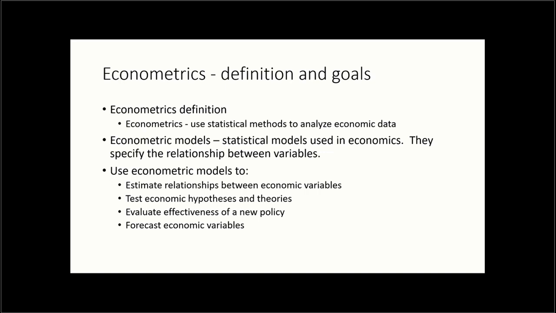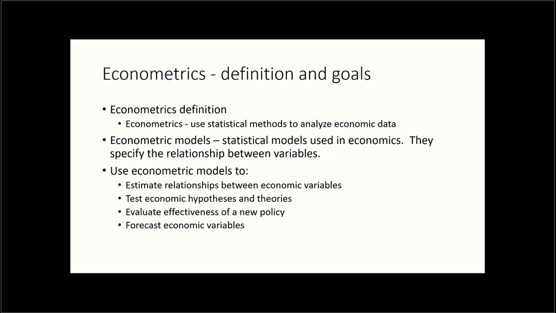So let's provide a few definitions. First of all, what is econometrics? That is the use of statistical methods to analyze economic data. So again, we have economic data, and again, we'll talk about what economic data is. And we use a specific type of statistical methods to reach some conclusions about what kinds of trends this economic data provide us.